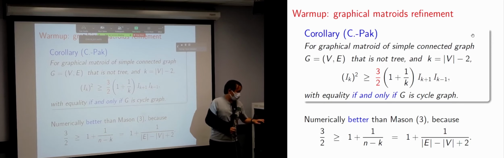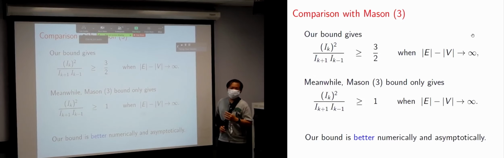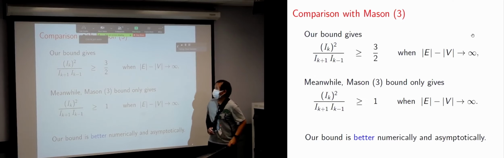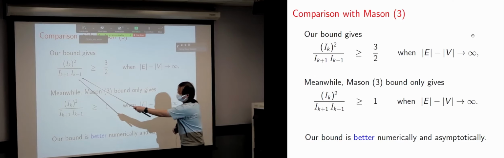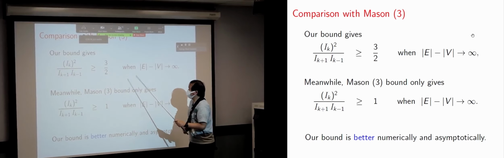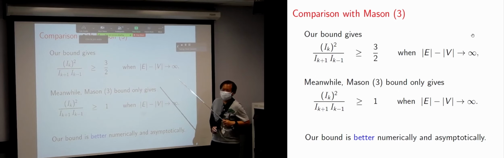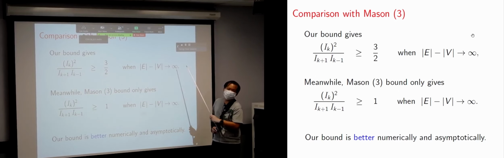Our bound is of course numerically better, but I want to say that this is also asymptotically better. If you look at this ratio, I_k squared divided by I_{k+1} times I_{k-1}, and suppose that you take your graph so that the number of edges minus the number of vertices goes to infinity, this means that the graph is in a way dense.